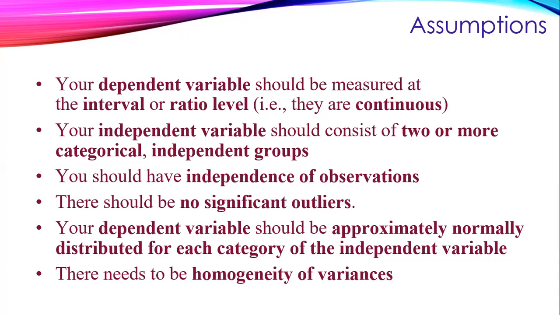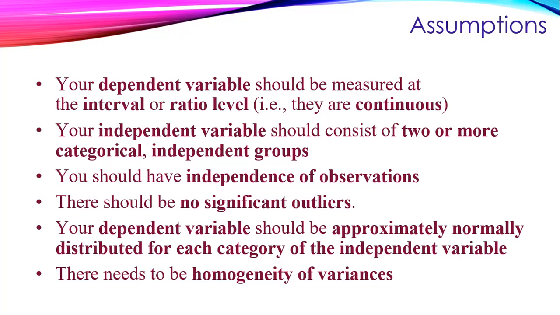Next, there should be homogeneity of variances. This homogeneity of variance is a very specific condition for ANOVA. Why you need it: when I divide the groups, let's say government sector, IT sector, etc., in each group the variance should not be very much different from the other groups.